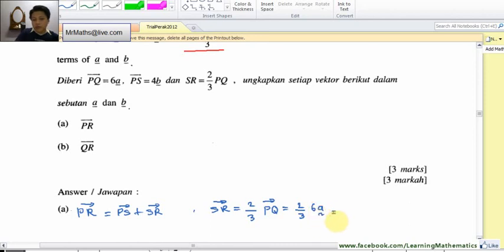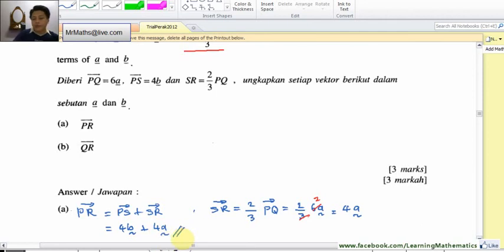So that is equal to, let's cut out 3 and 6, become 2, so that is equal to 4a. So PS is 4b plus SR is 4a. So that is the answer.